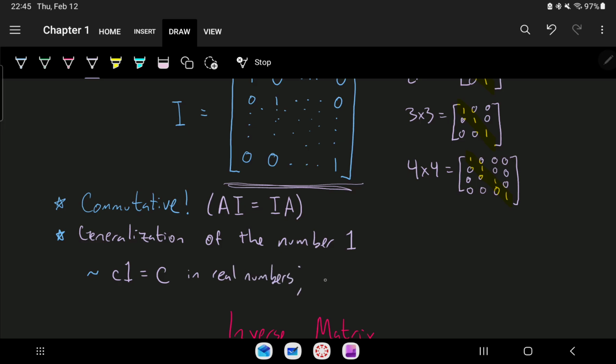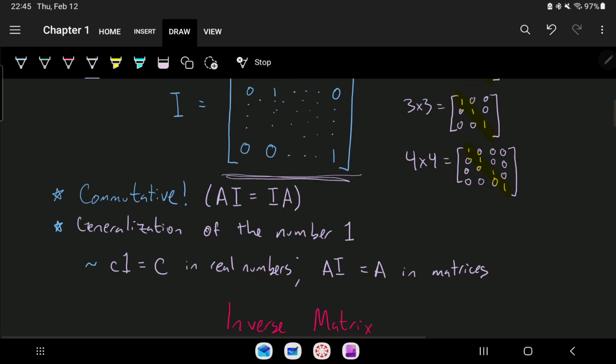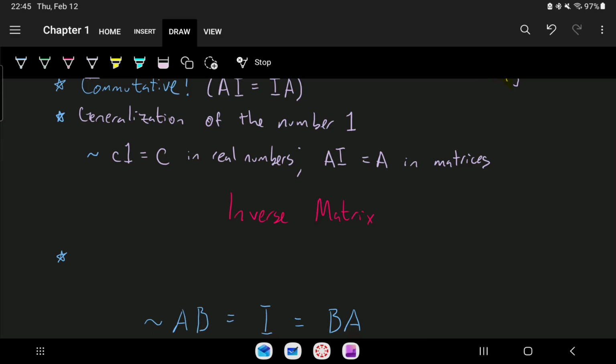Well, in matrix form, some matrix A times identity is always going to be A. Now, you may be wondering why the heck this matters. Well, it's going to come in handy when we start looking at inverse matrices.